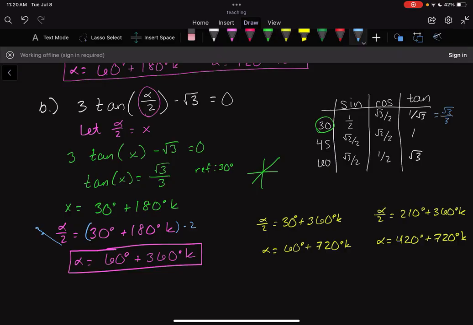You'll notice that with this answer, if you just add 360 to 60, you get the 420 answer. So that's why with the tangent, you can just write it a bit more condensed, and it's technically more correct because it's more simplified.